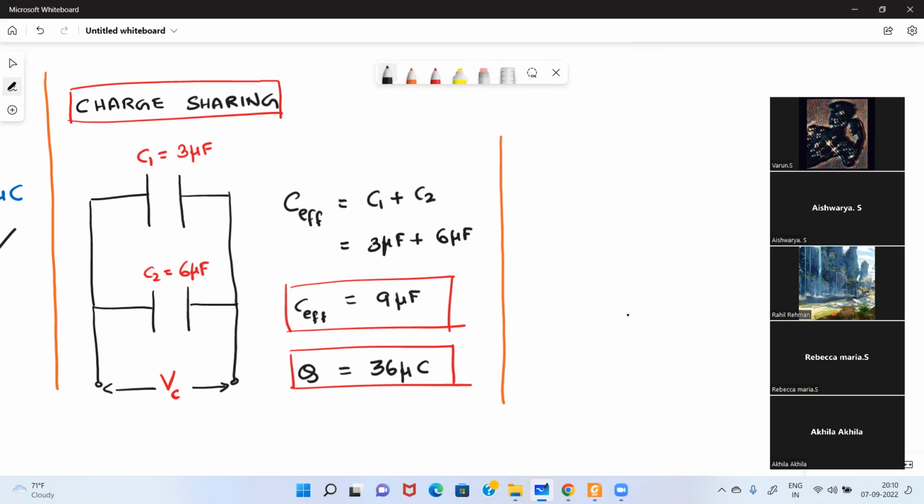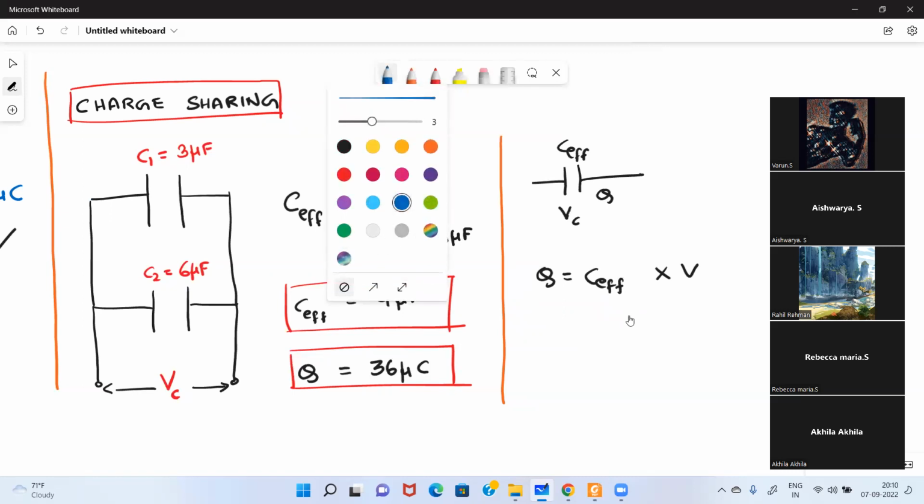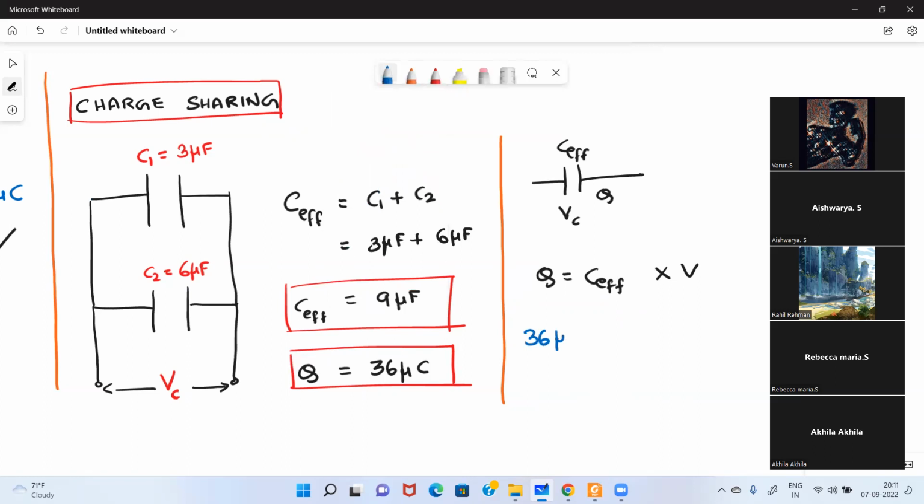So what is the relation between Q, VC and C effective? Q is equal to CV. So the total charge is Q, which is equal to C effective into V, right? So what is Q? 36 microcoulomb.